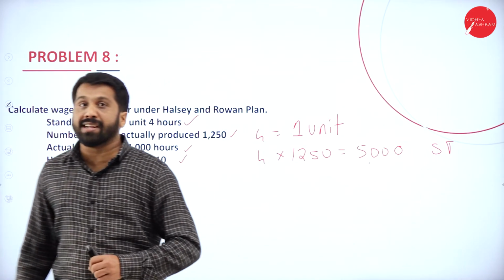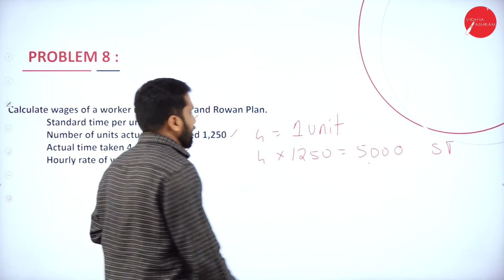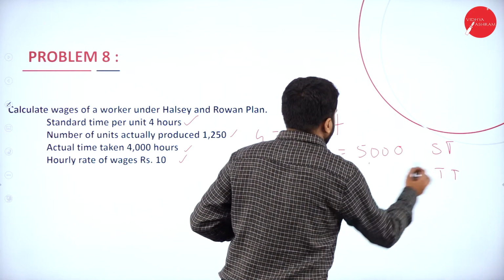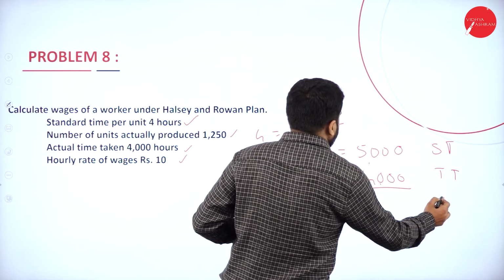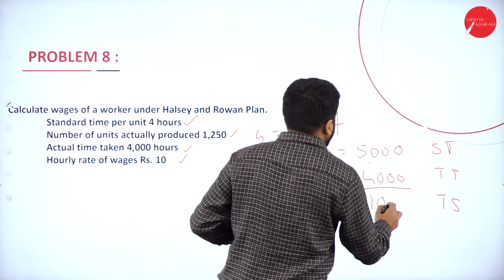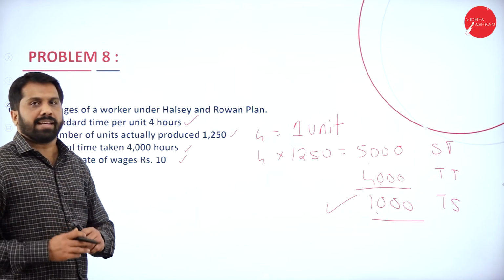This is your standard time. Now, what is your actual time taken? Actual time taken is 4000. What is the time saved? It is 1000. So this is all about your calculation.